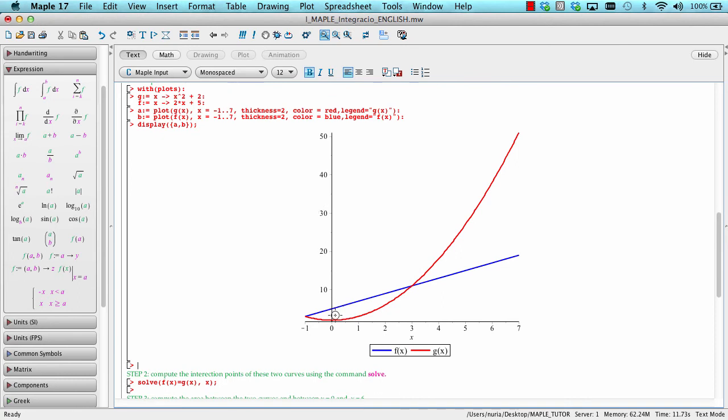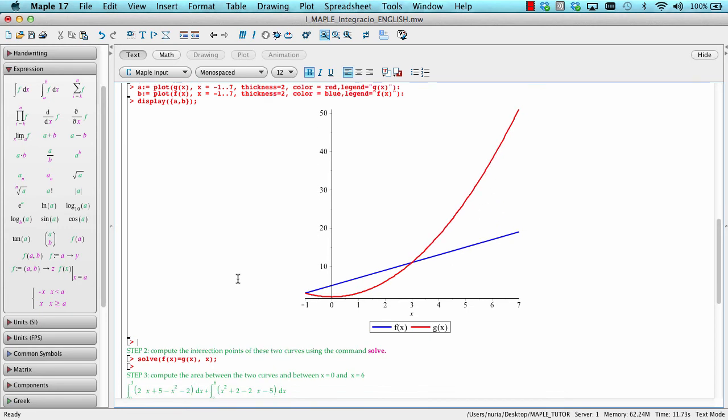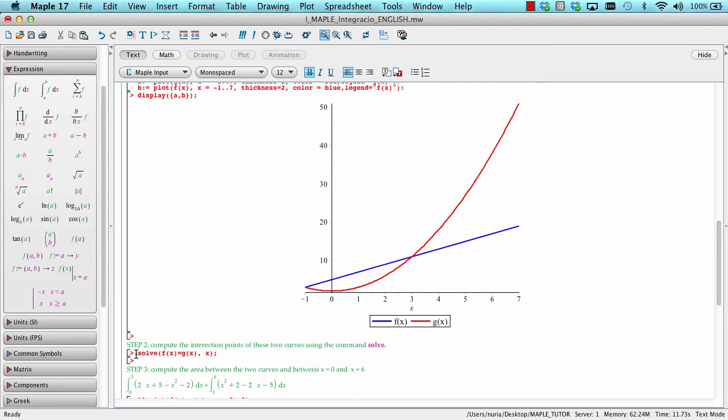So we are asked to compute this area plus this other area up to 6. Okay? First thing, we have to compute the intersection. In Maple it's really easy because we can say solve the equation f equal to g, and it says -1 and 3. Of course they intersect at -1 and at 3. We are not interested in -1 because we are looking at the function between 0 and 6.